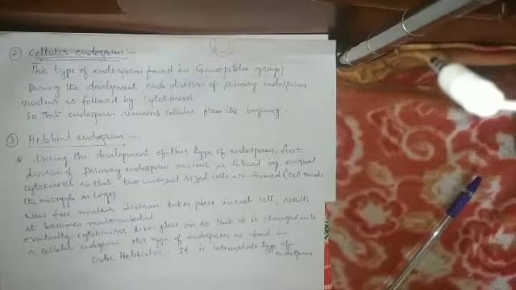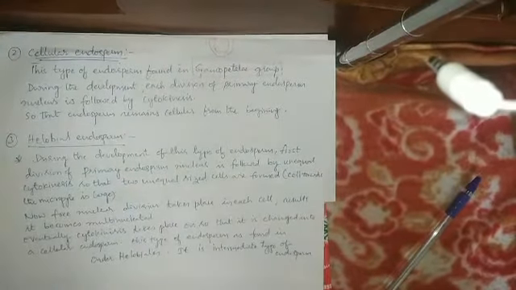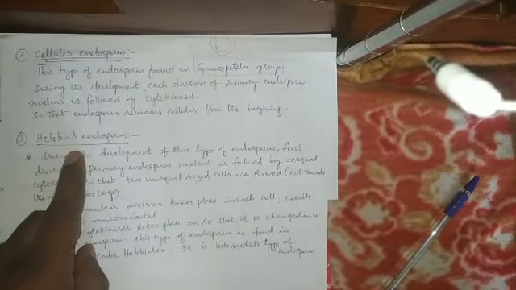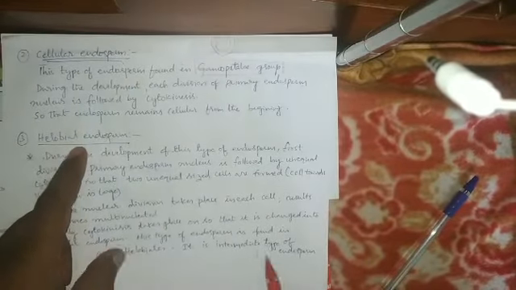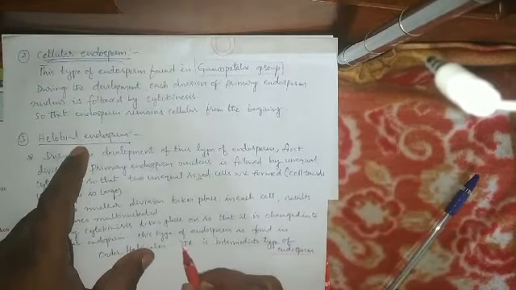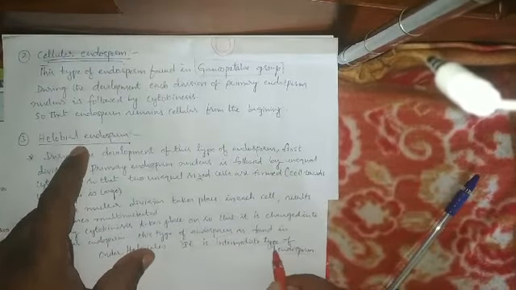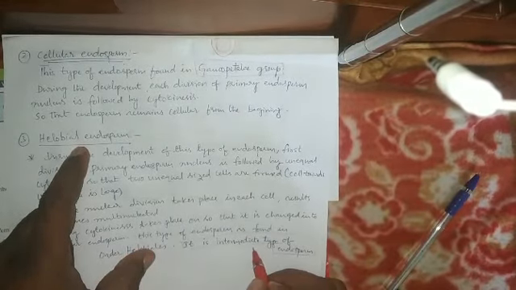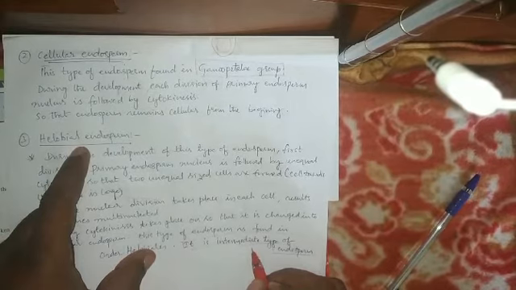So next endosperm is helobial endosperm. This helobial endosperm is an intermediate type of endosperm. It is called an intermediate type because it shows both free nuclear and cellular types of endosperm.